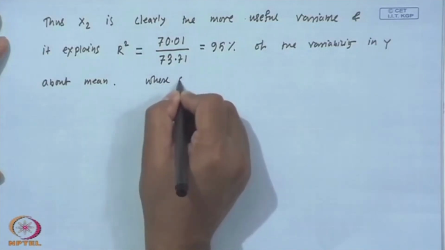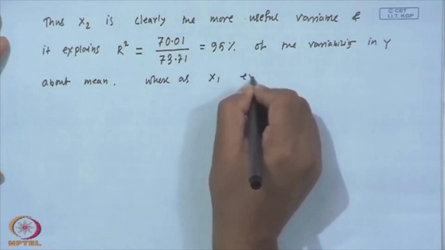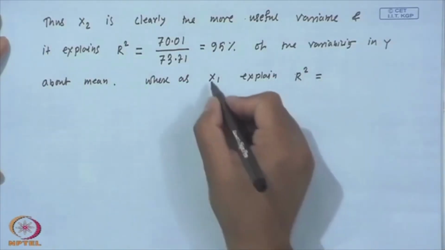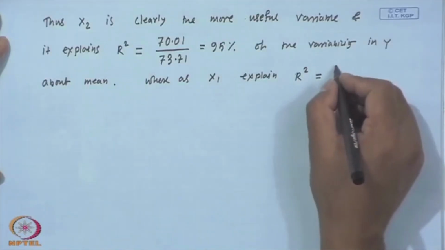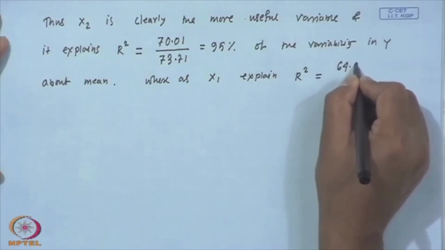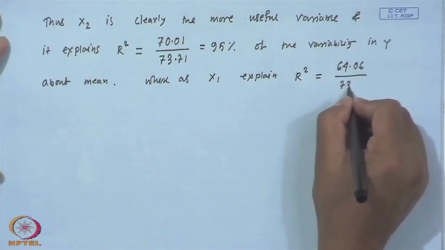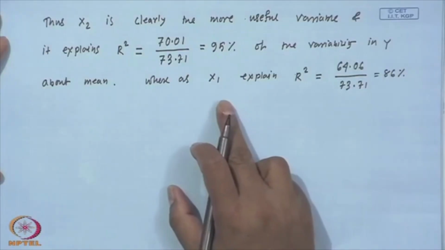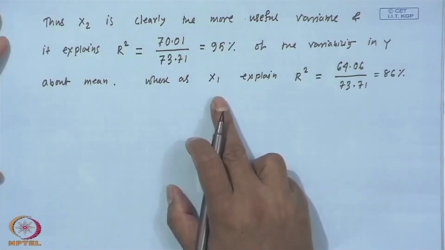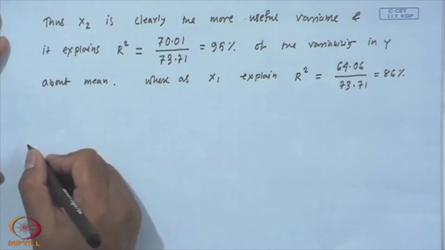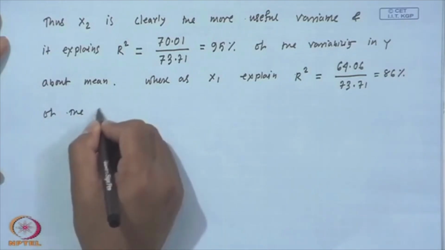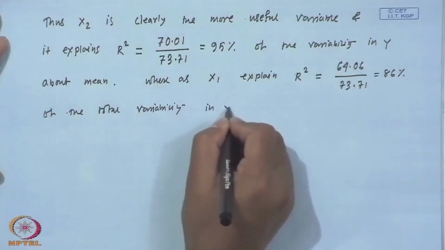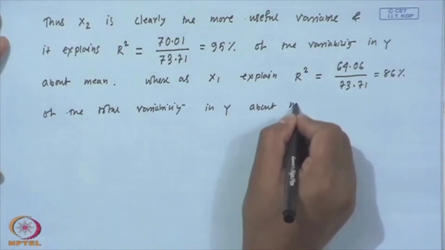Whereas x 1 explains, let me compute r square. So, with only x 1 in the model, the SS regression was 64.06 by SST, that is 73.71. So, this is 86%. So, x 1 explains 86% of the total variability in y about mean.